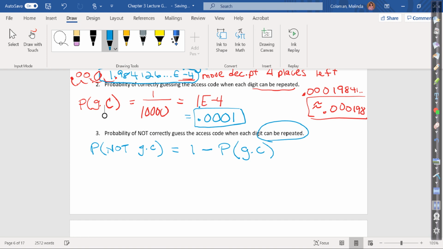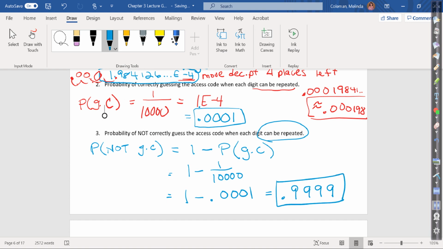So the chances that you didn't was, we can do it one of 2 ways, 1 minus 1 over 10,000, or 1 minus 0.0001, which is equal to 0.9999.